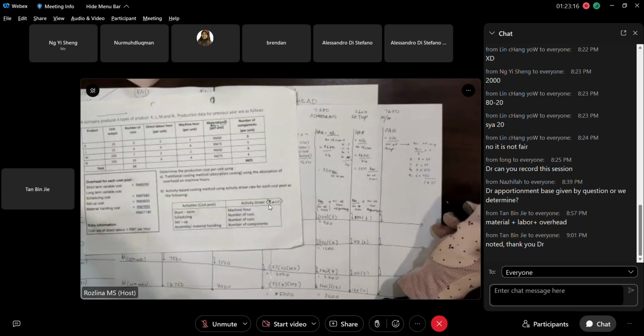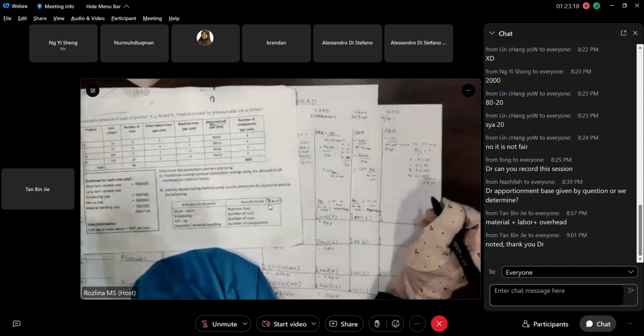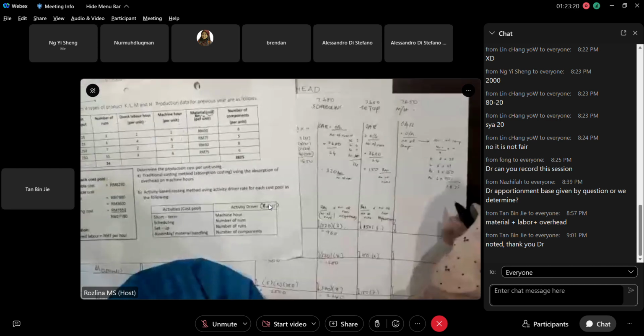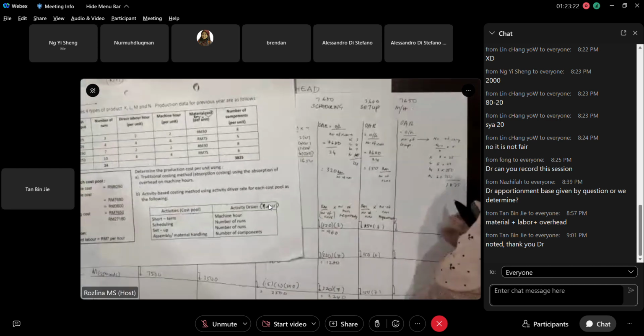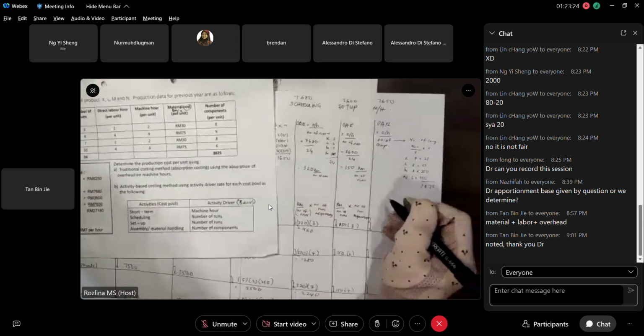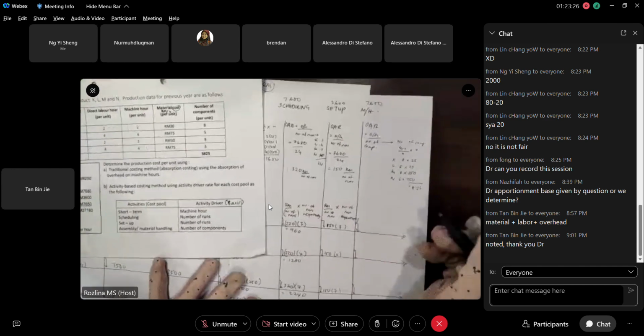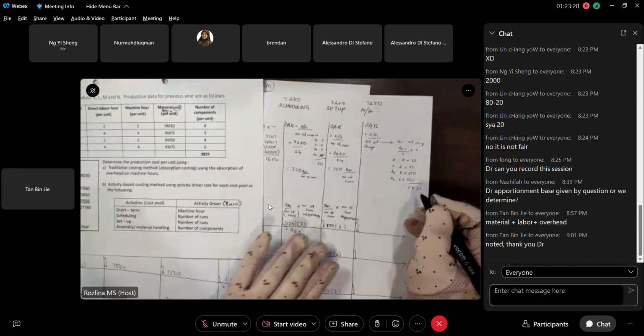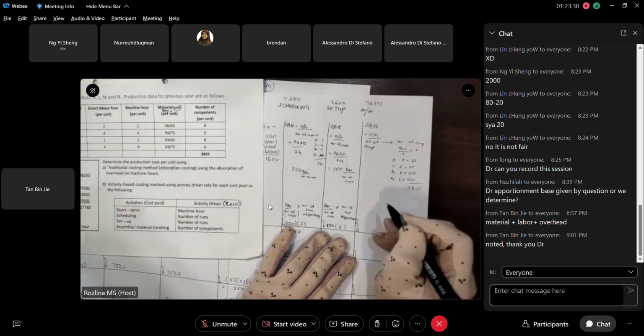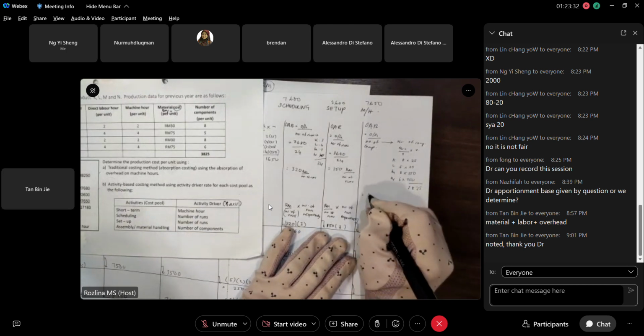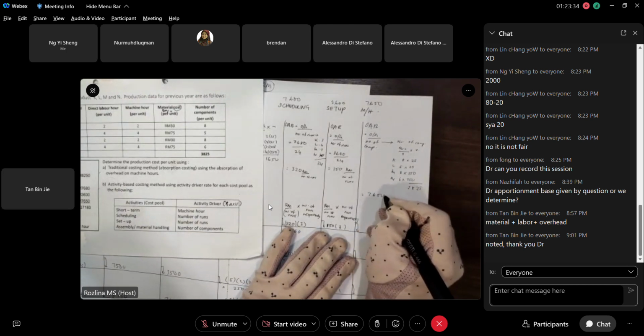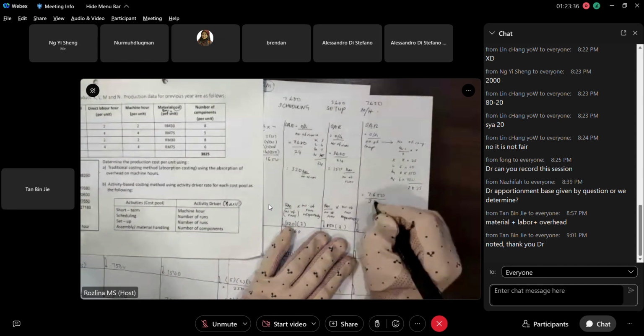Kecil sangat ke nampak? Nampak 3825. So overhead dia ialah 7650 divided by 3825.